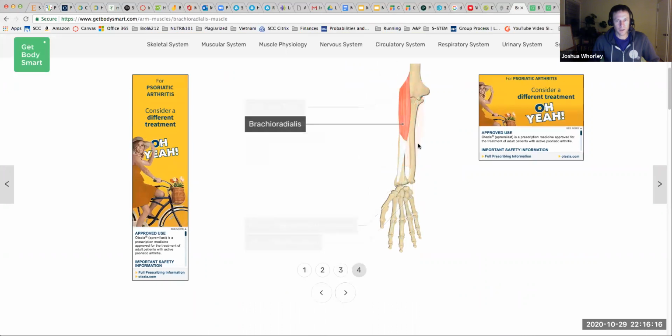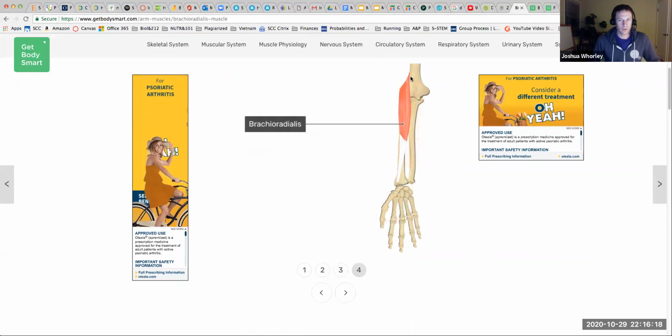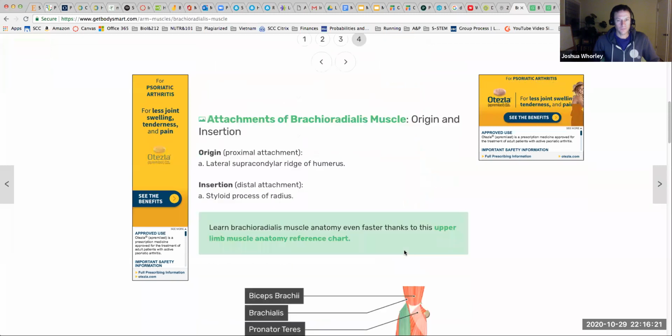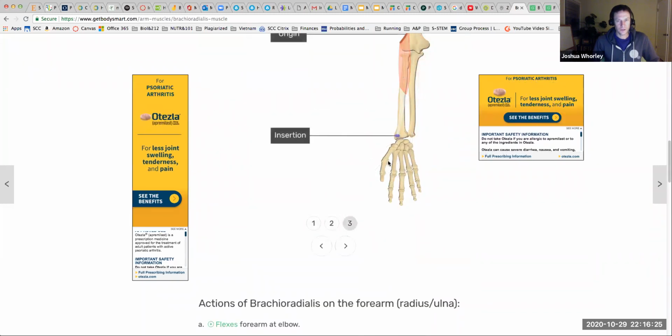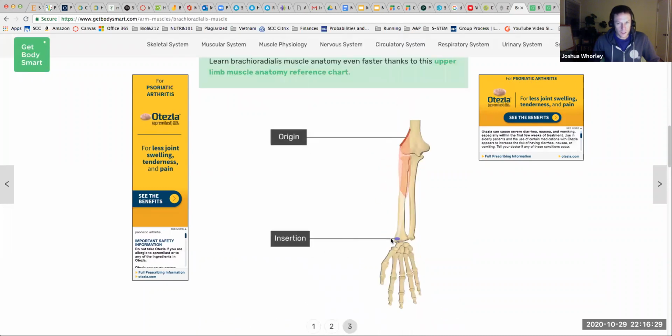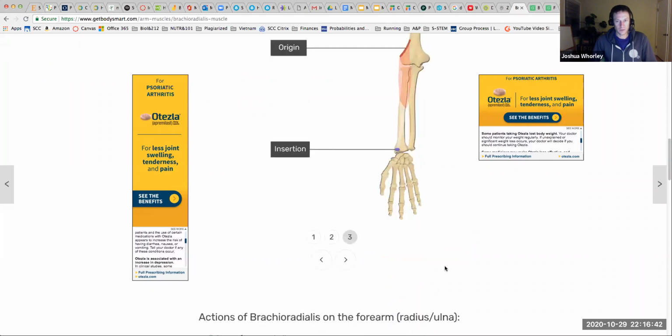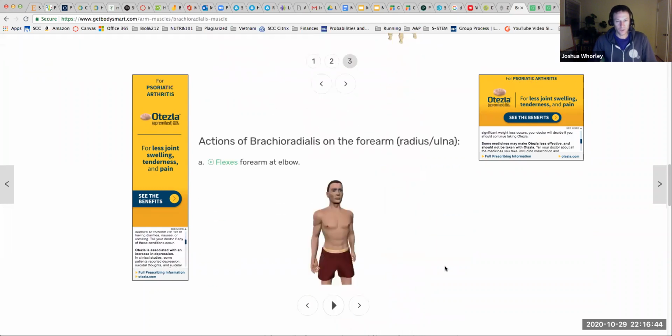Now we're pulling off all these. You can see it wrapping around the back of the humerus. And look at that. You can see the insertion there on the styloid process of the radius, and then it's wrapping around the back of that humerus, and that's the origin of it, right? An insertion there on the styloid process of the radius. So another important forearm flexor.